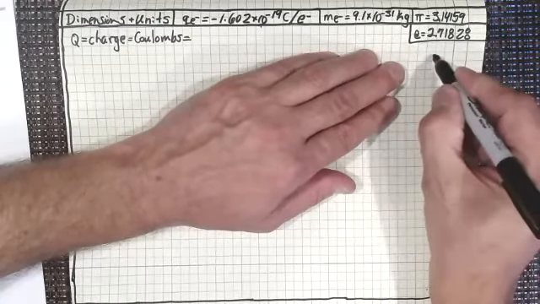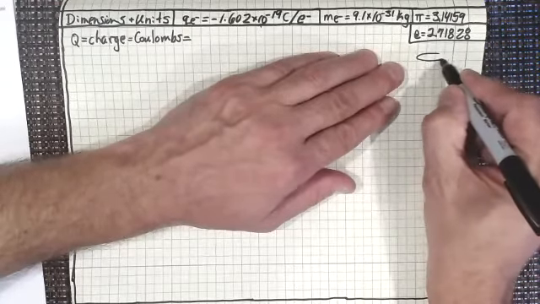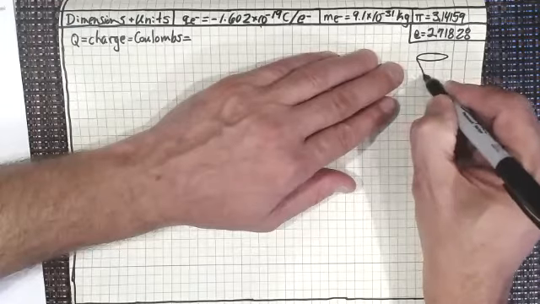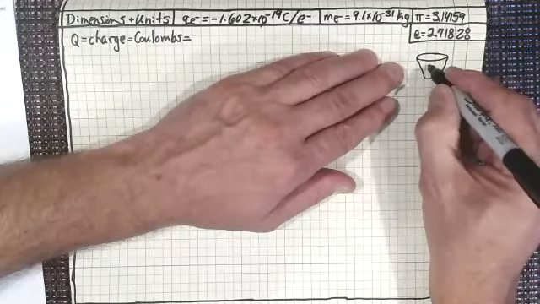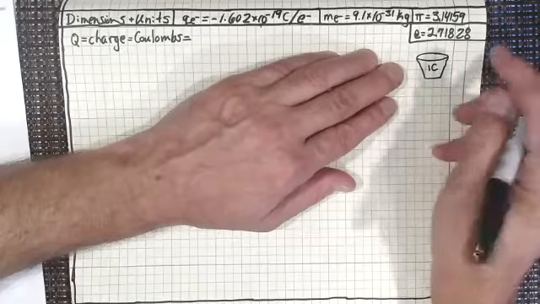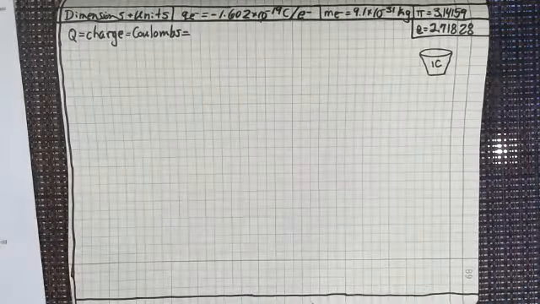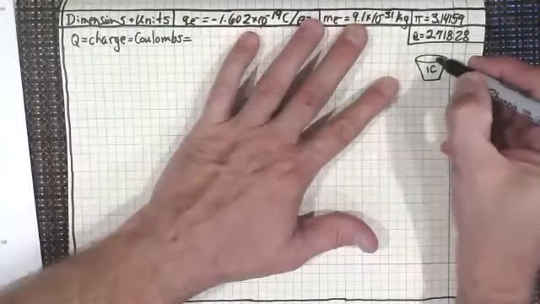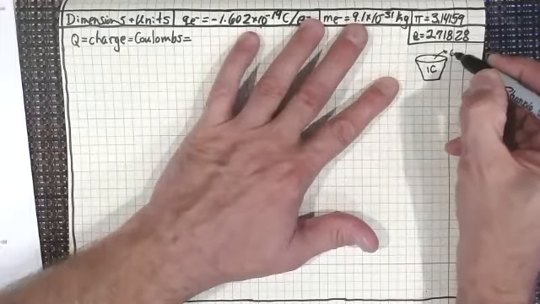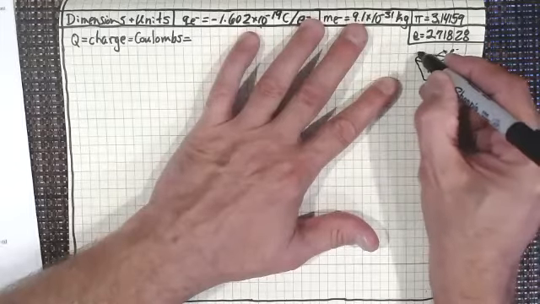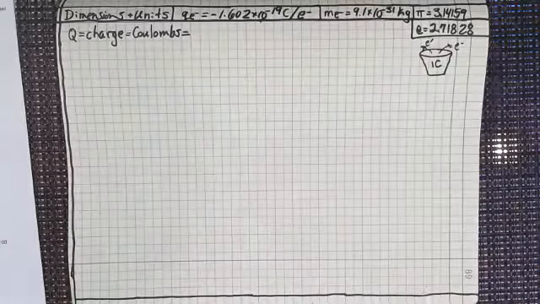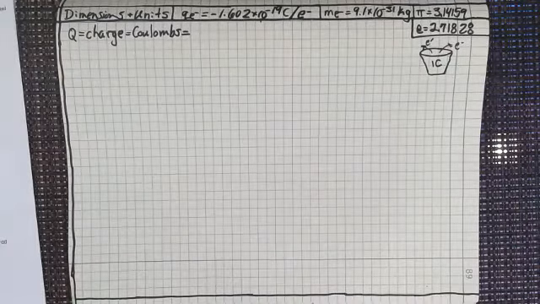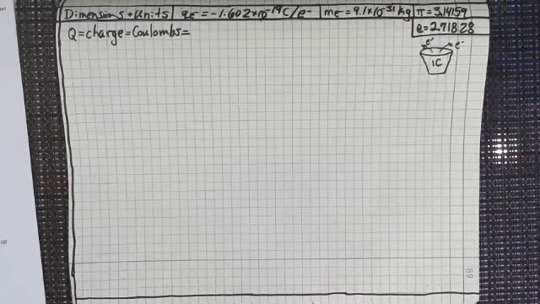So then the next question is, if I had a bucket of electrons, and inside that bucket was 1 coulomb's worth of electrons, right? We've got a bunch of electrons trying to escape here out of my electron bucket, right? So I've got a bunch of electrons. How many electrons do I have in that bucket?